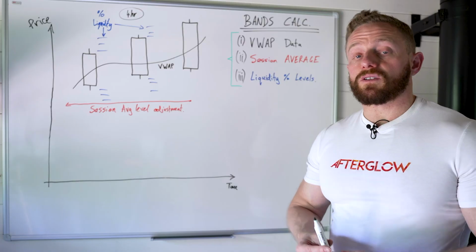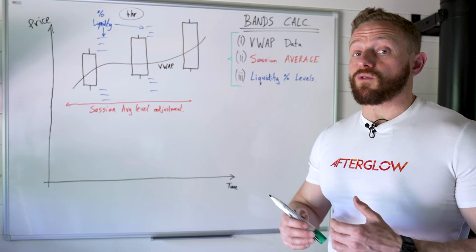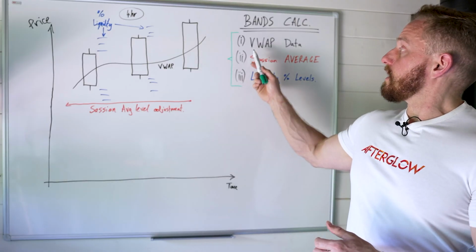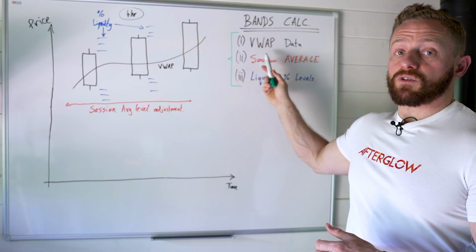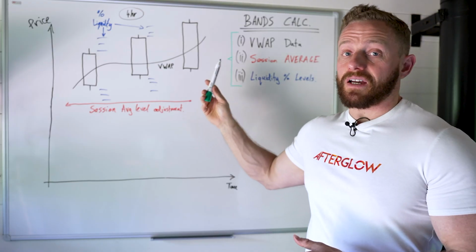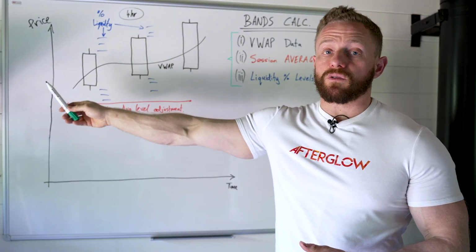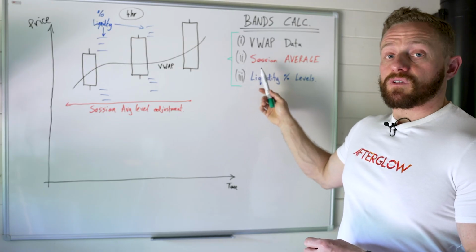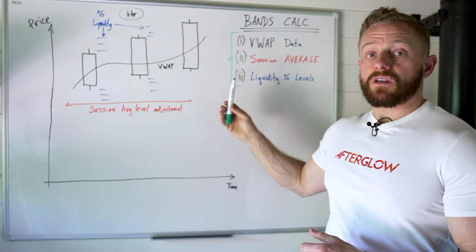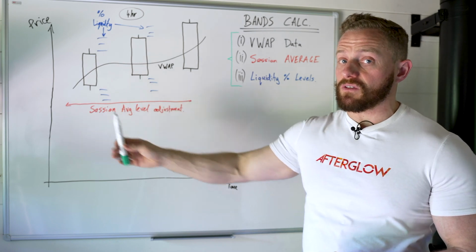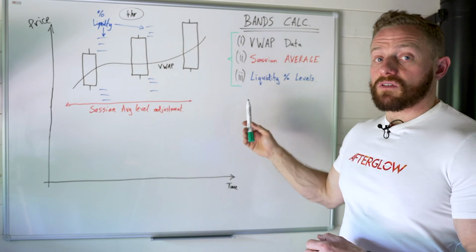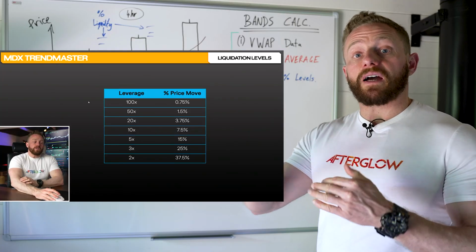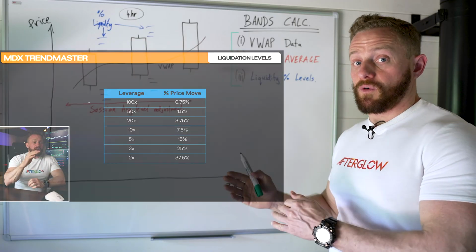So the calculation logic for the bands is more advanced, and it has 3 components. First, it takes the volume weighted average price data from the candles across that 500 look back period. It also does an average calculation across the 24-hour sessions, and it uses the same liquidity percentage calculations based on that leverage table we saw before.